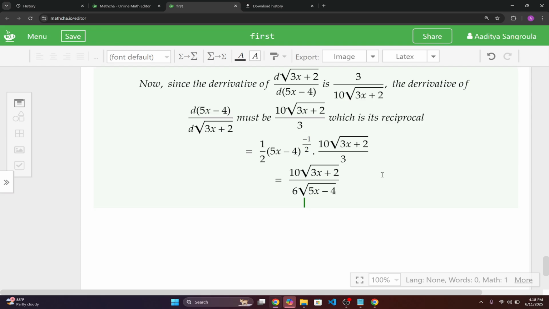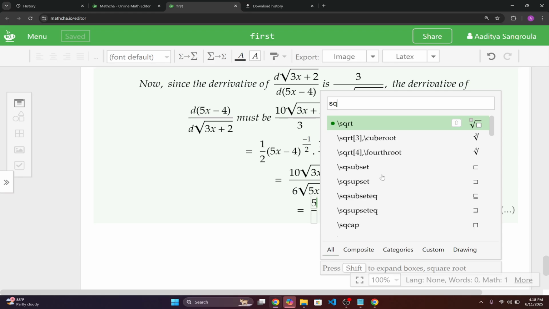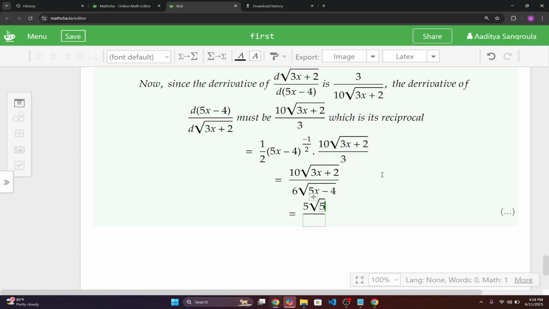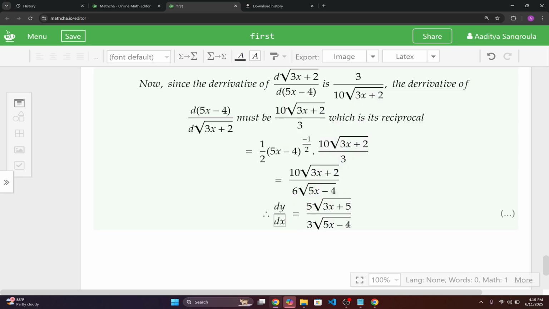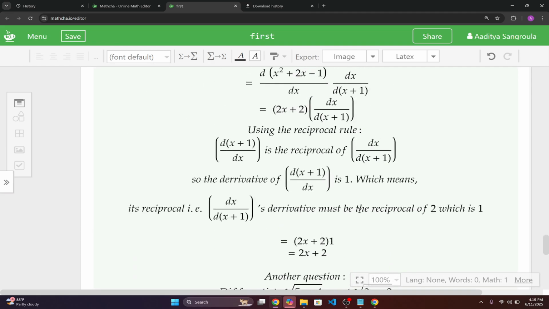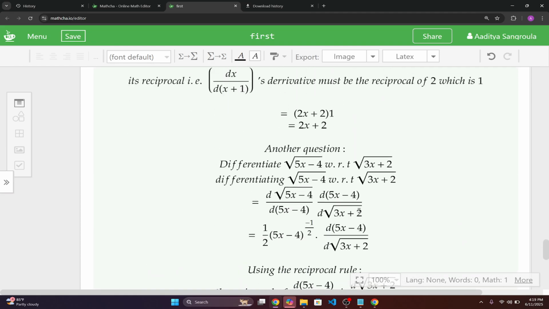So that's going to be 5 times the 3x plus 2 divided by 3 times the square root of 5x minus 4. So this is the derivative, and this is absolutely big.